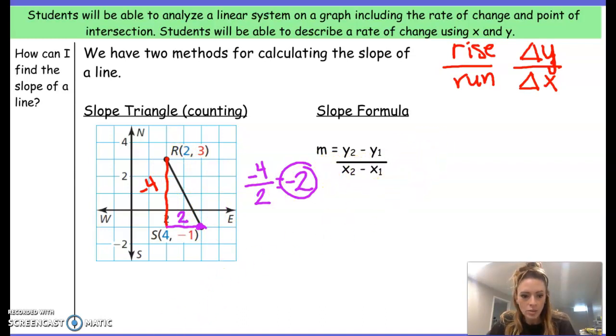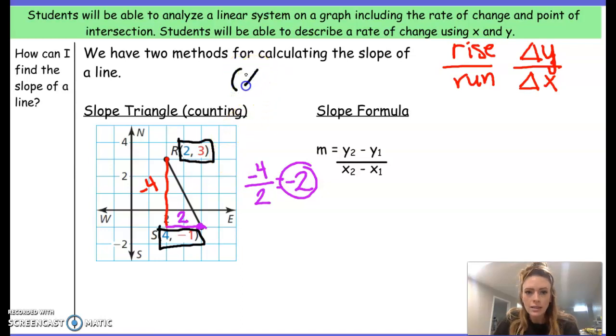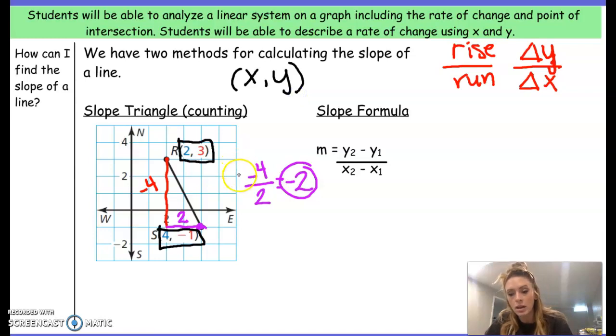Now, some of you might have learned the slope formula, which basically means you have a point here, R, and you have a point here, S, and you're going to plug those into this formula. Now, X and Y are always written like X comma Y when we talk about coordinates, right? X comes before Y in the alphabet, and so X comes before Y in the coordinates when we write them down.